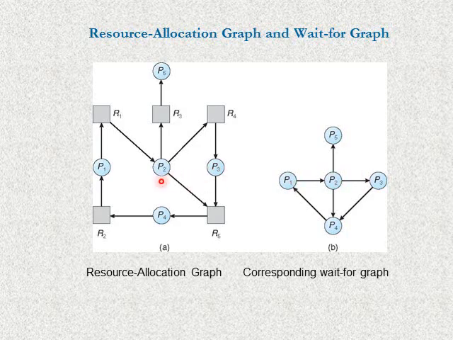So you can see, for instance, over here we have a dependency of P2 on P3 through R4. The same dependency is reflected over here by a single edge. So the wait for graph is quite similar to the resource allocation graph.